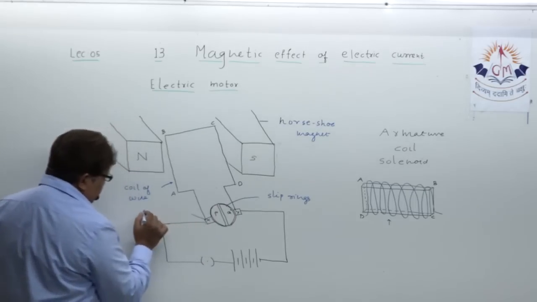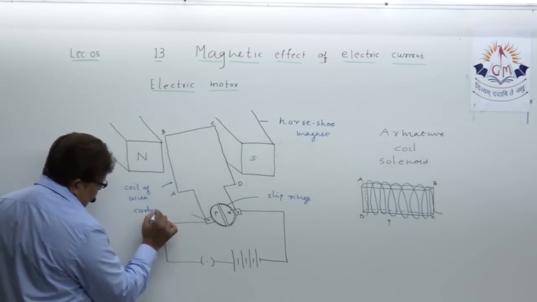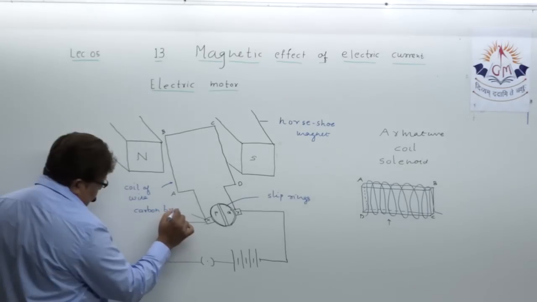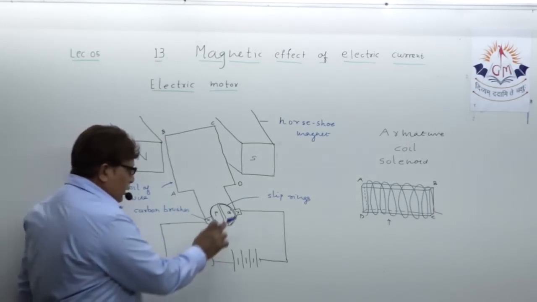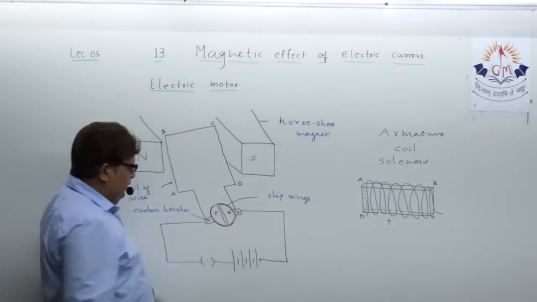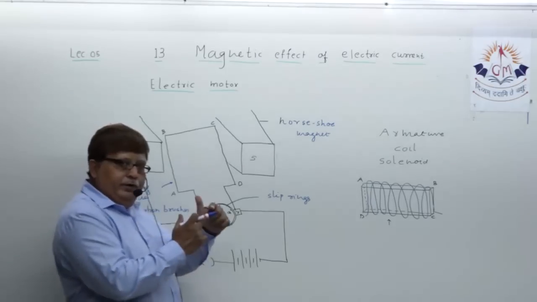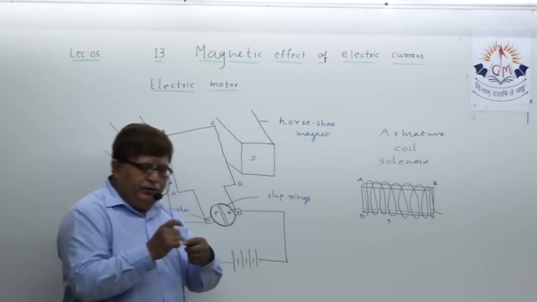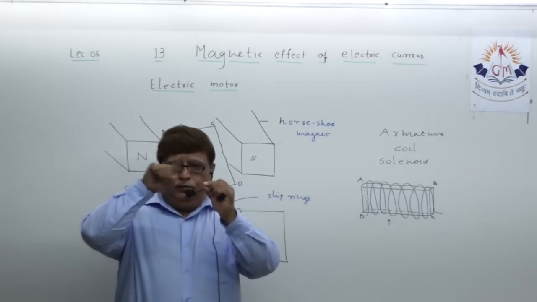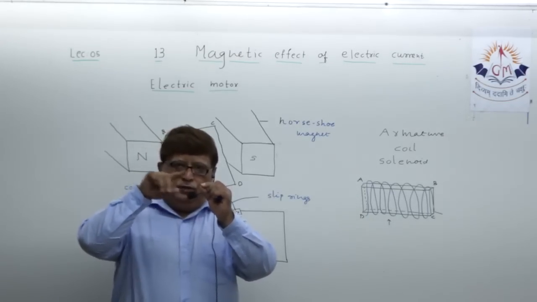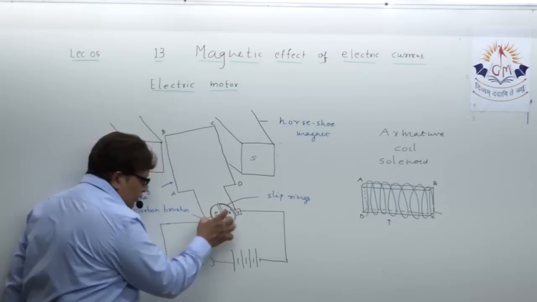Actually there are two carbon brushes, which are no doubt stationary, and the slip ring is going to rotate, sliding on the contact of the carbon brush.